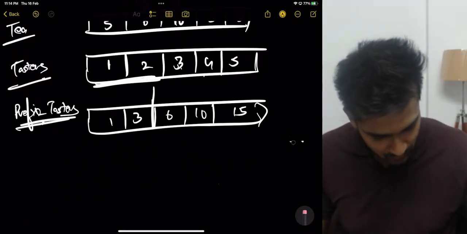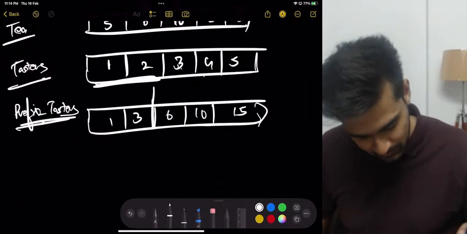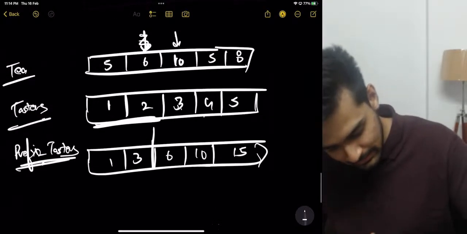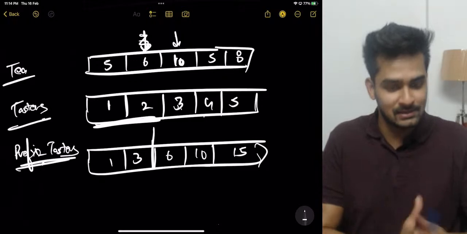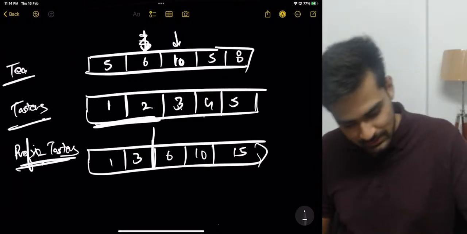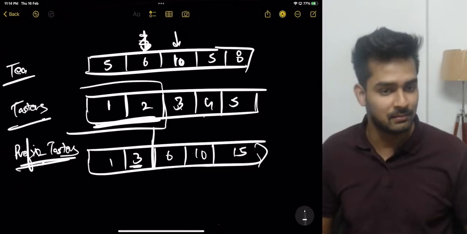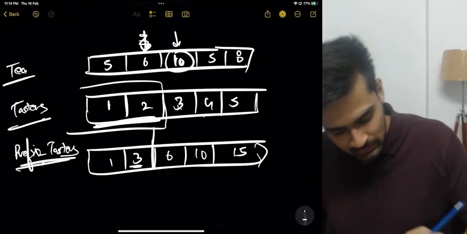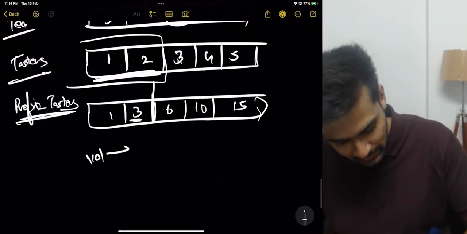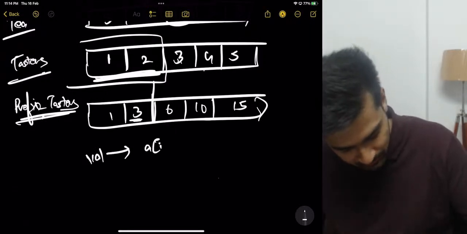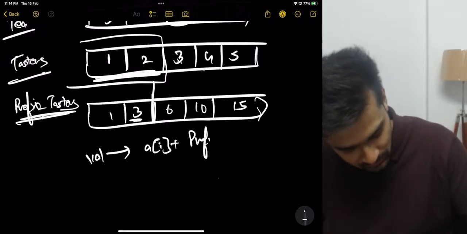What I am trying to say is that to find till which index this 10 will go, you first take the summation of all the previous values, which is nothing but prefix of I minus 1. You add it to this 3. So the value that you have to check becomes A of I plus prefix of I minus 1.